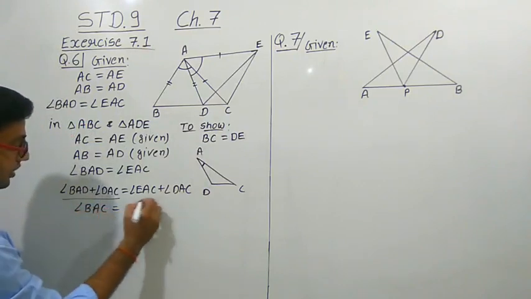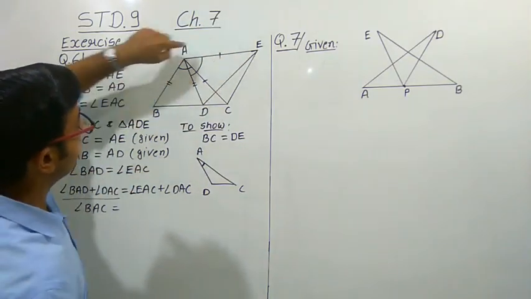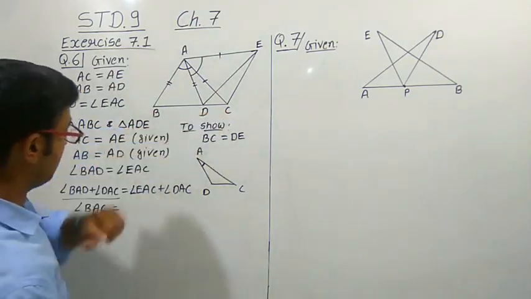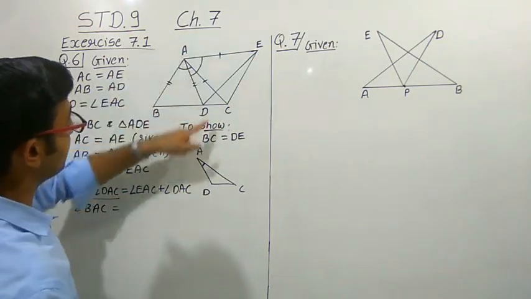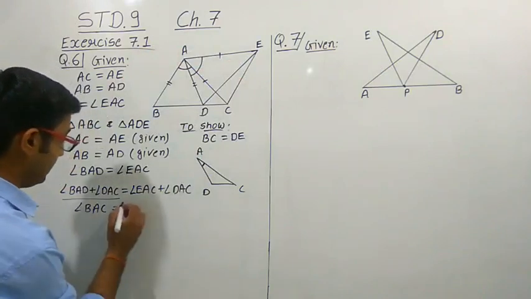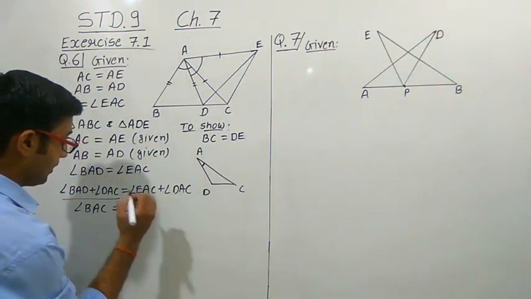In the same way, you can think here that angle EAC is this much of the angle. If we add BAC, then the total angle will become EAD, right? The total angle will become EAD.